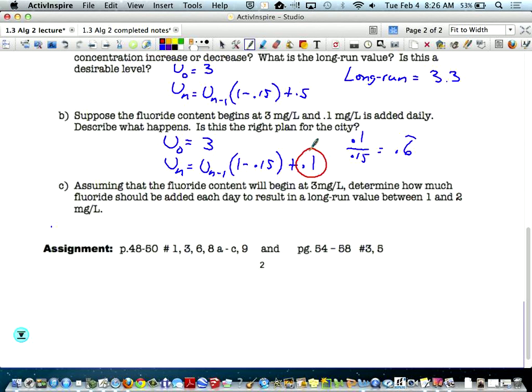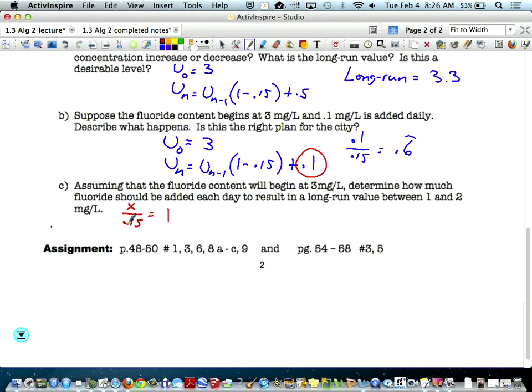this number. So if I take that number and I call it x, and I divide by 0.15, and I make it equal to 1, right? Because I have to end up between 1 and 2. What number divided by 0.15 will be equal to 1?